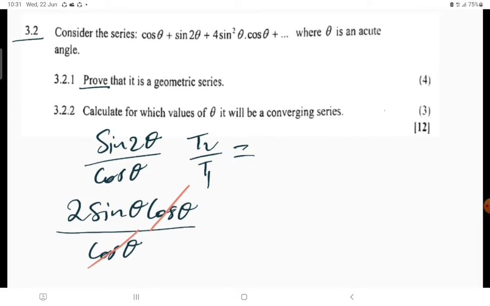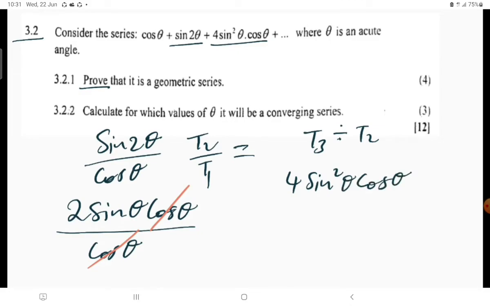We have term 3 divided by term 2. So what do we get? This is term 3, this is term 2, and see what we are going to get. We have 4 sine 2 theta cos theta divided by sine 2 theta.